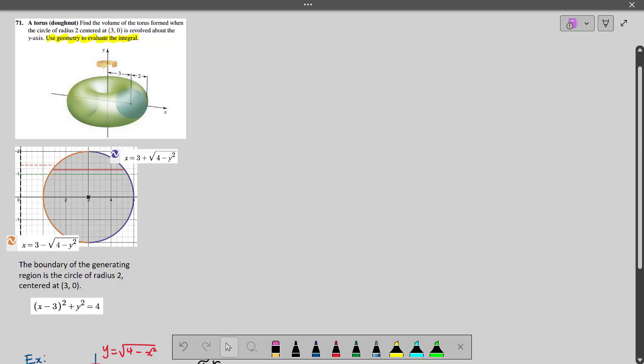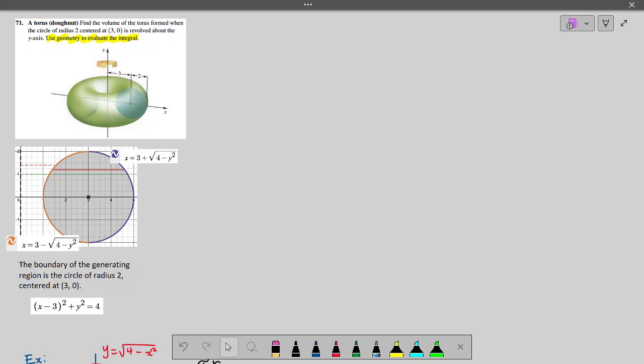Now, there's also another hidden thing here that you will look at at some point, depending on what your sequence is. There's a very cool theorem called the theorem of Pappus. It says if you create a solid object by rotation, you can find the volume of that solid object by taking the area of the generating region. So we've got this disk and it's rotating around. You could take the area of that generating region and multiply it by the average distance traveled by the points in that region.